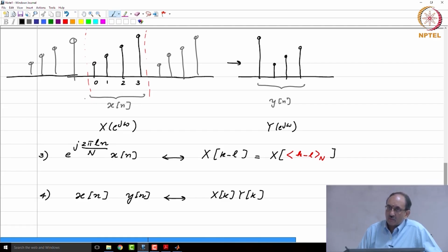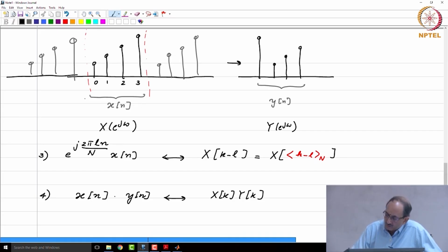There I made the statement that we will talk more about circular convolution later, and I had briefly mentioned circular convolution both for continuous time periodic signals as well as discrete time. So, when I said we will discuss it later, we have reached that point.